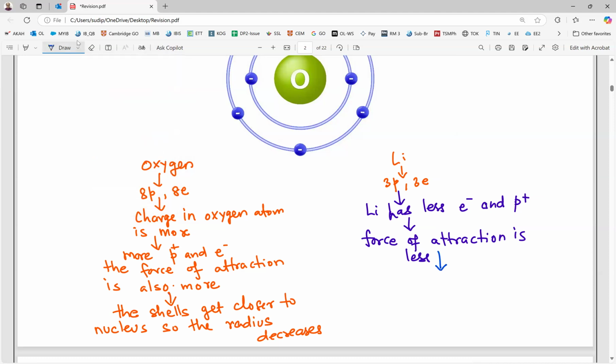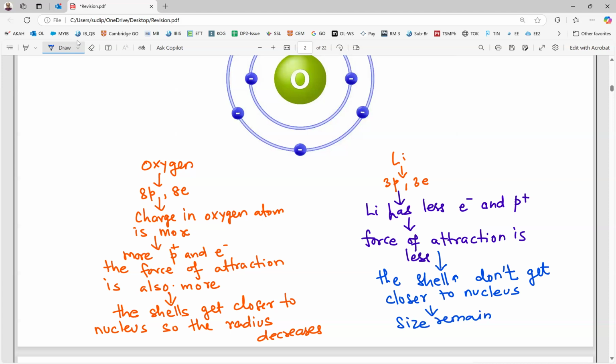Because the force of attraction is less, the shells don't get closer to the nucleus. And that is why its size remains big, which means the radius remains bigger.